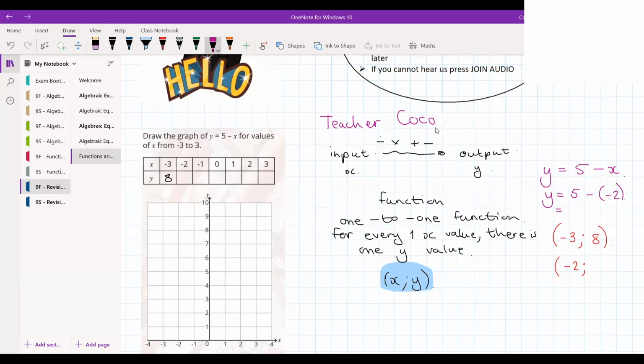And I know that a negative and a negative will give me a positive. So I'm going to get Y is equal to 5 plus 2, which is equal to 7. So my next coordinate is going to read -2 and 7. That's it, Karabo, you're on the right track. Now, I've given you guys the first two. There we go, -2 and 7.